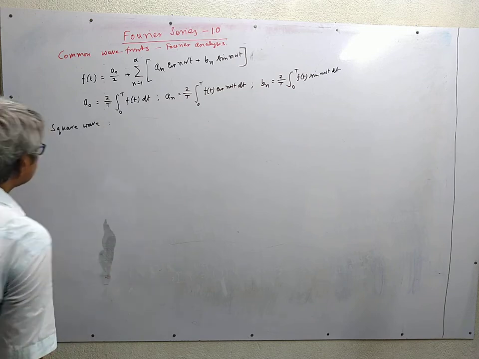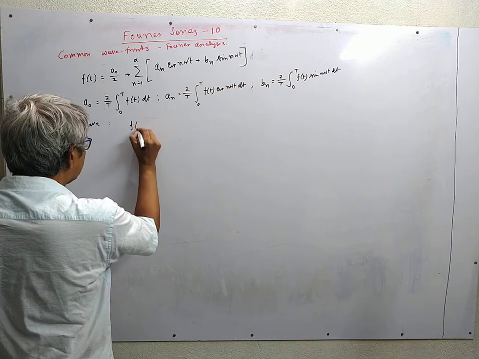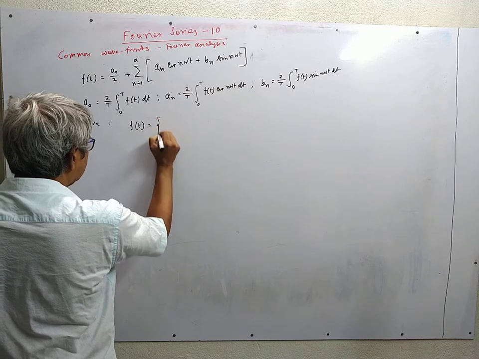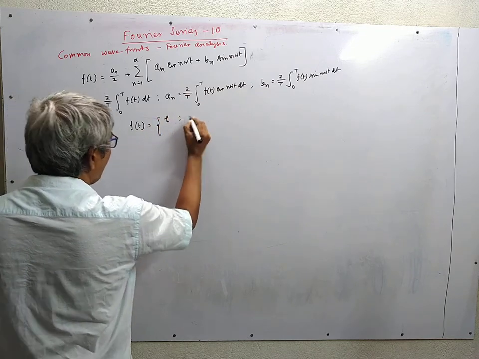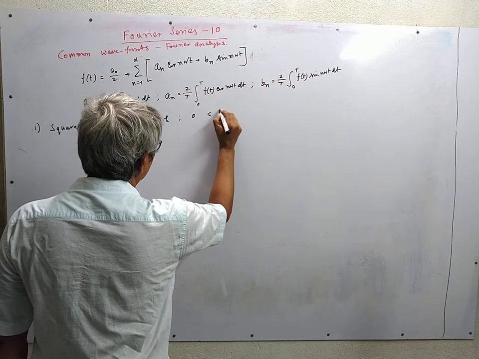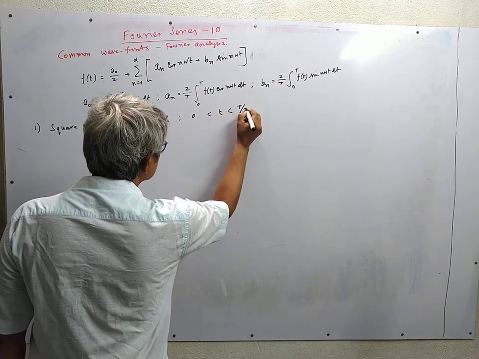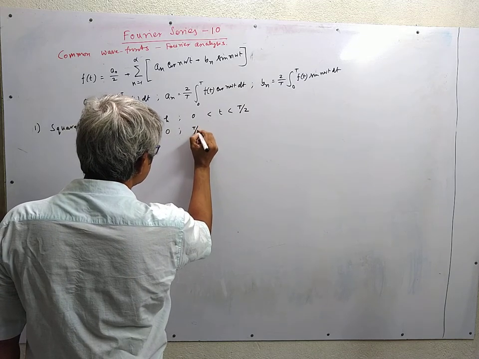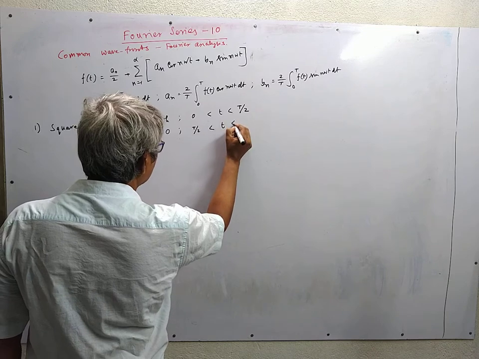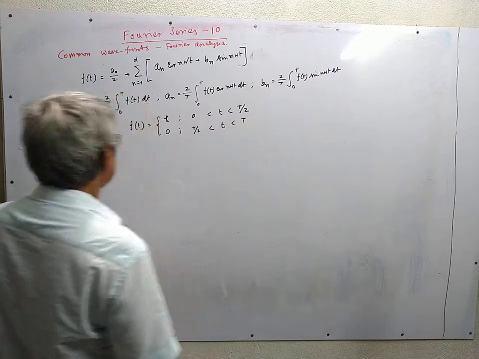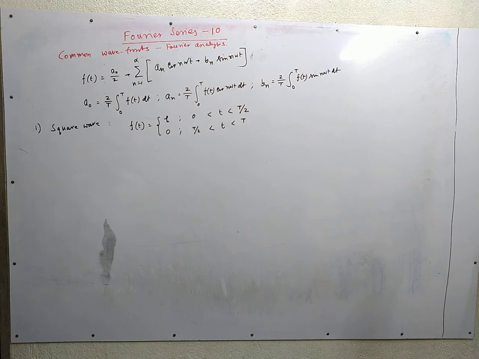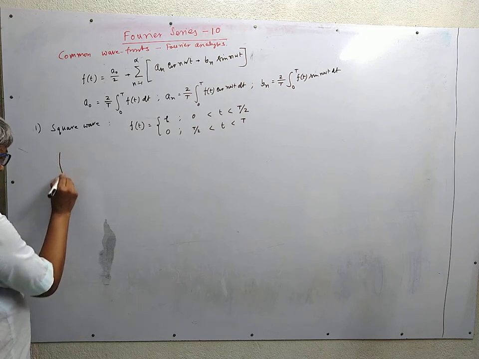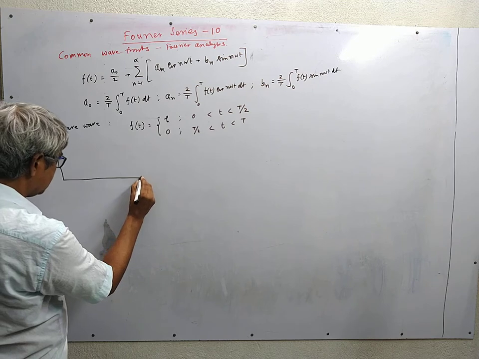The square wave is defined as f of t is equal to h for 0 to T by 2, and 0 for T by 2 to T. So the function has a height h in the first half of the period and is 0 in the second half. So the first thing is to draw the graph.